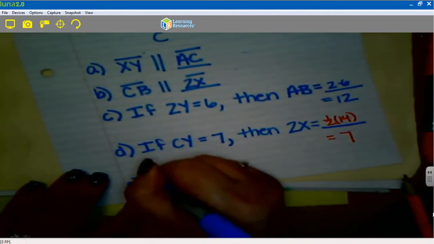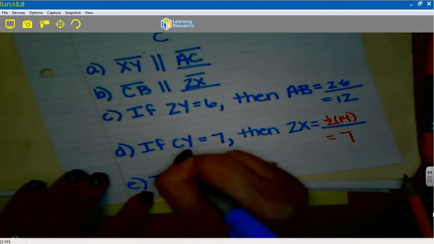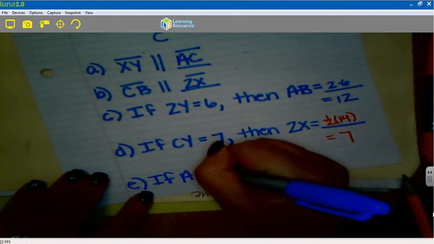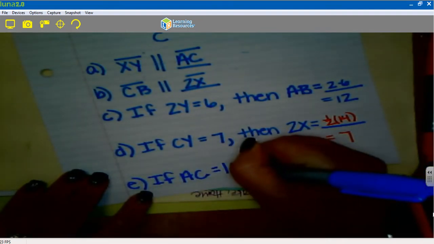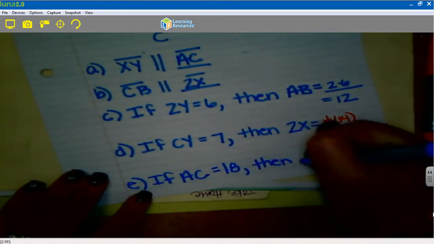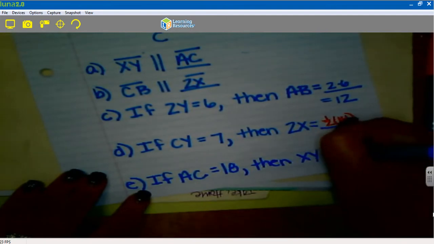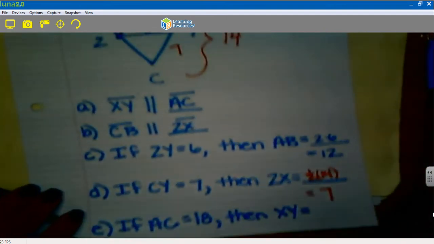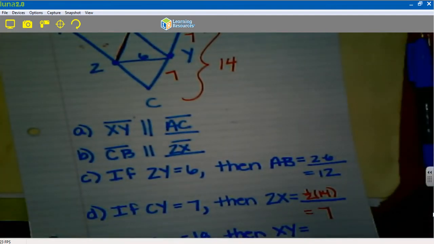And then part E, if AC is equal to 18, then what is XY? I'm running out of colors here. Let's see.